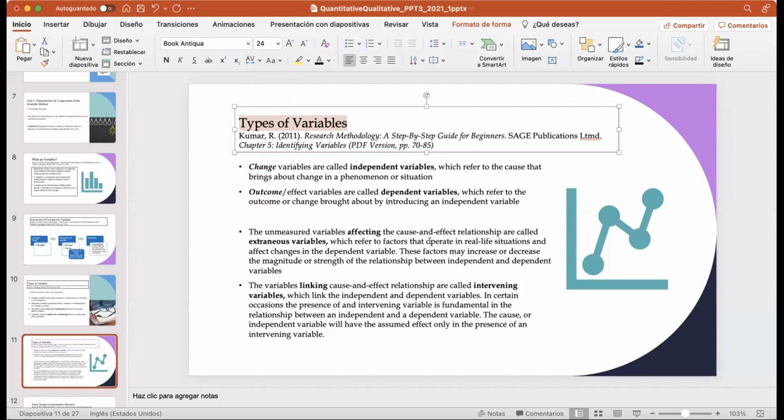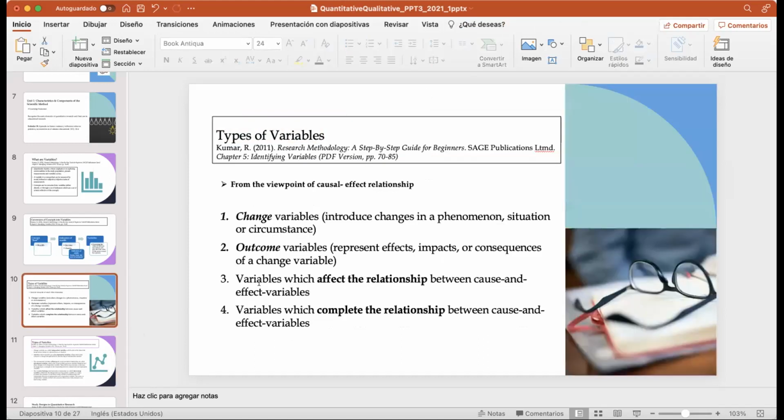Kumar gives a very simple example, which is smoking causing cancer. So, cause and effect. Always think of this relation, cause, effect.